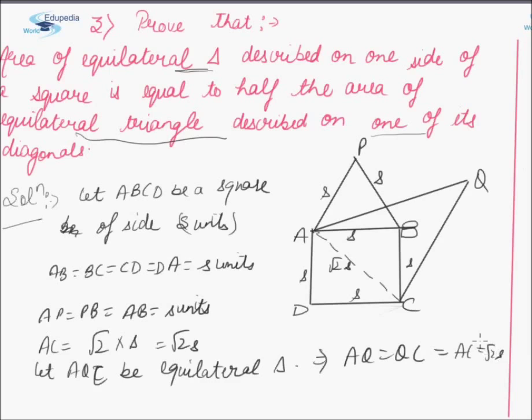Friends, we know that two equilateral triangles are always similar, because figures of the same shape are similar and figures of the same shape and size are congruent.